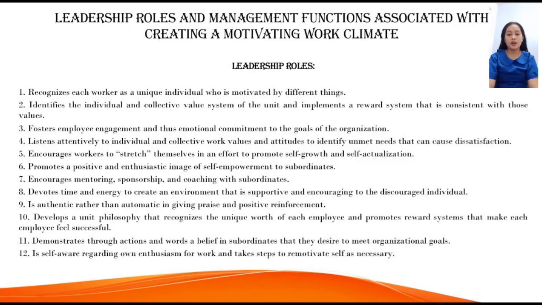In leadership, recognizes each worker as a unique individual who is motivated by different things, and then identifies the individual and collective value system of the unit and implements a reward system that is consistent with those values, fosters employee engagement and thus emotional commitment to the goals of the organization, and listens attentively to individual and collective work values and attitudes to identify unmet needs that can cause dissatisfaction.